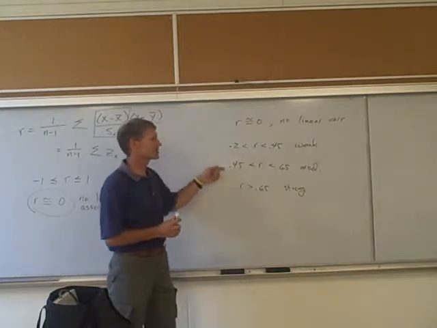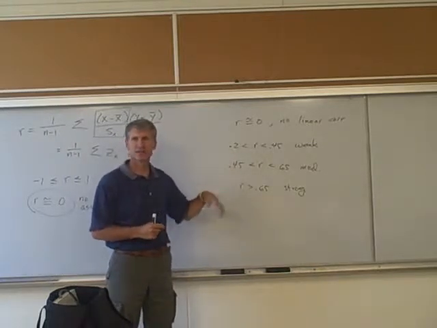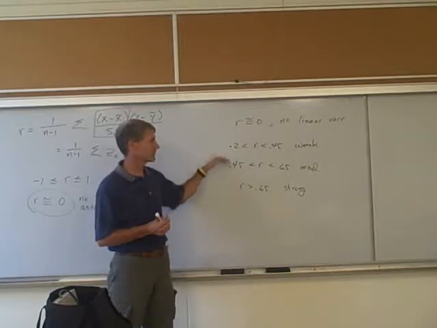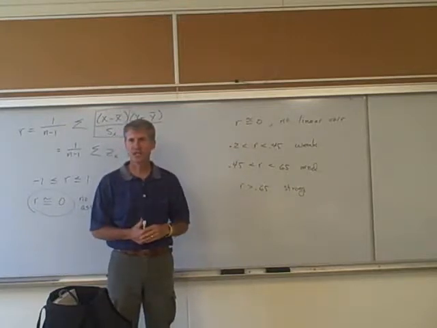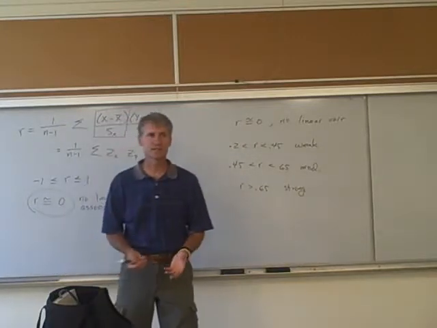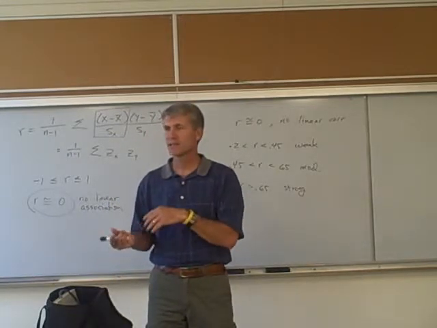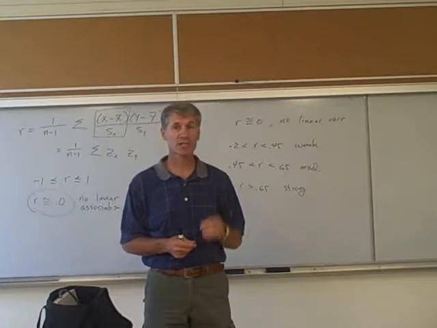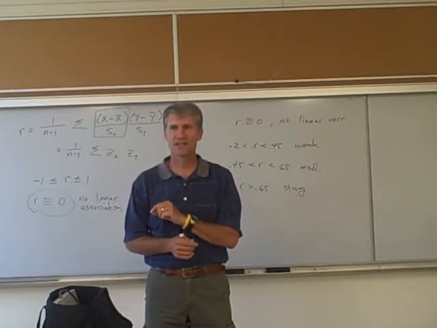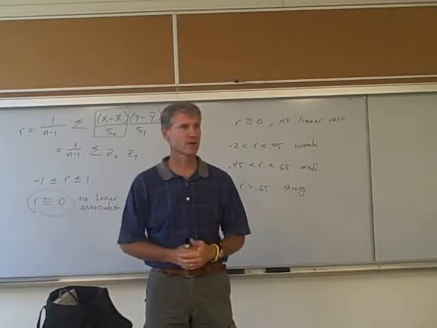But don't put too much stock in my boundaries here. Different researchers will give you different cutoffs for what they call strong. And it really depends on what your field of study is. If you're a chemist doing bench science, they'll run an experiment, and if they don't get a correlation of 0.95, then that's weak. There's really nothing going on.